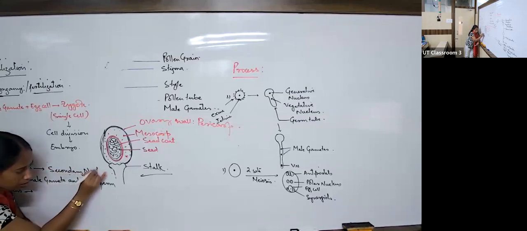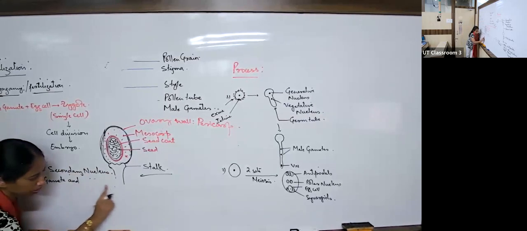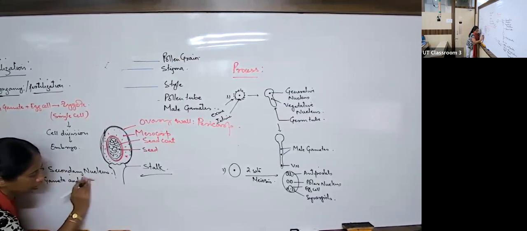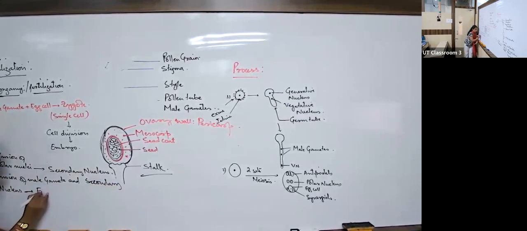Secondary nucleus, okay? These steps you will just write down also. Fusion of the male gamete and the secondary nucleus will give rise to the endosperm nucleus.